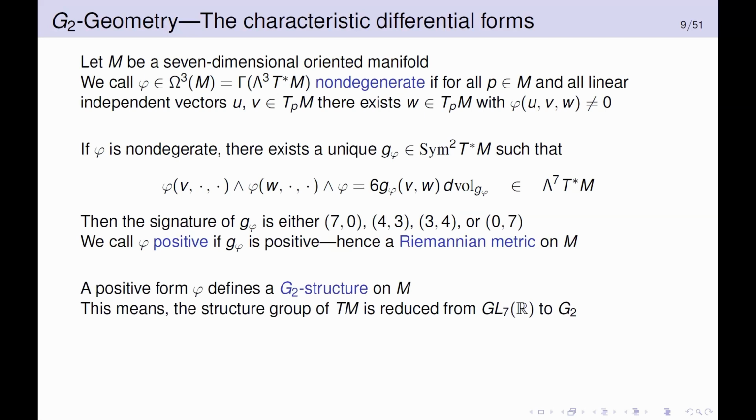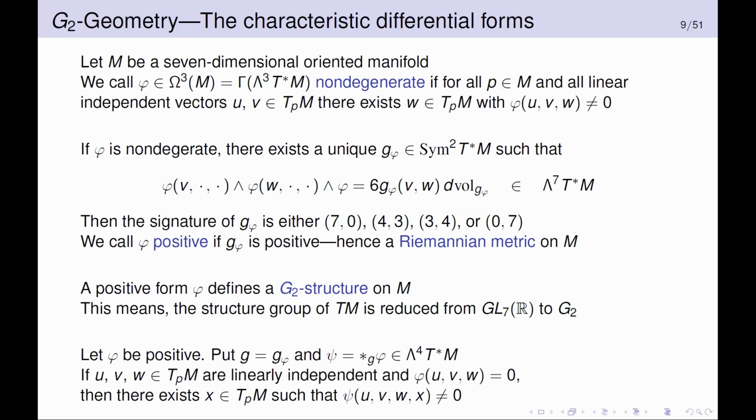And so we say that a positive 3-form phi defines a G2 structure. This means the structure group of the tangent bundle is reduced from the general linear group in dimension 7 to G2. This doesn't say anything about holonomy yet, but at least pointwise, we have the right structure.